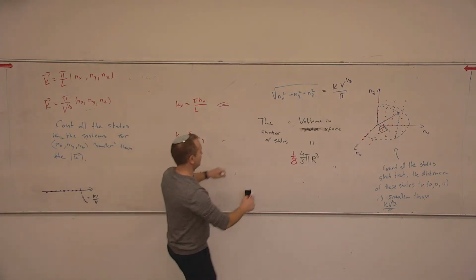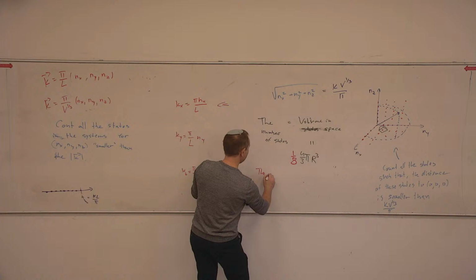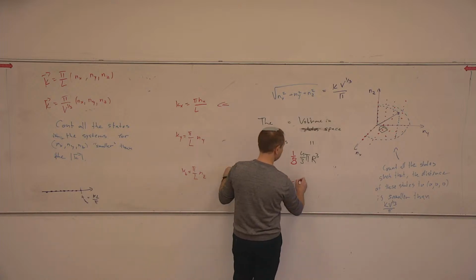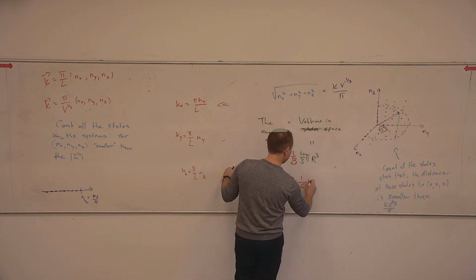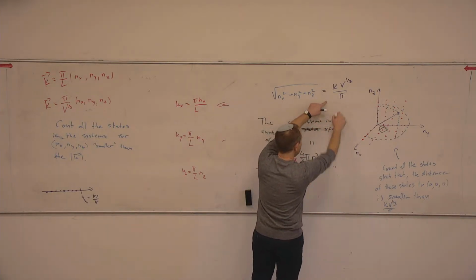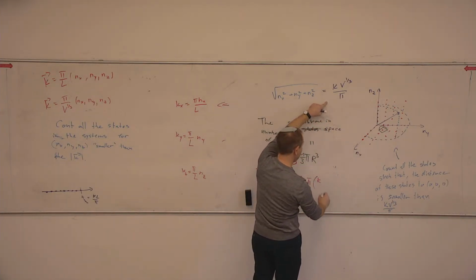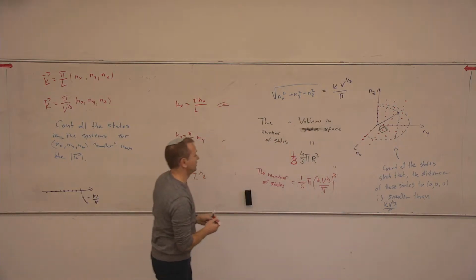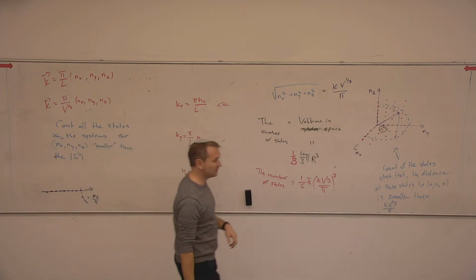So the number of states equals 1/6 pi multiplied by the radius, which is k v to the 1/3 divided by pi, to the 3rd power. Okay, so this is the number of states.